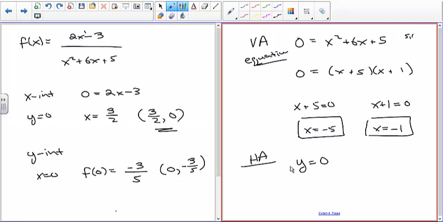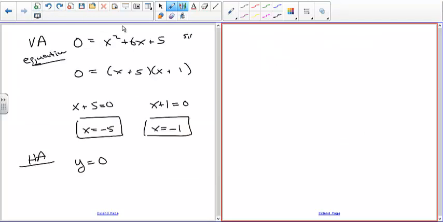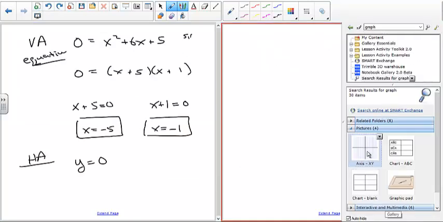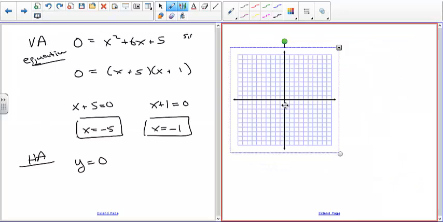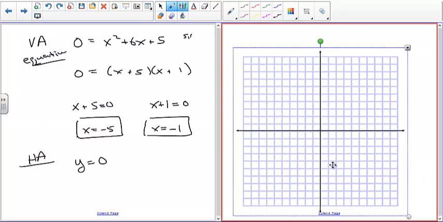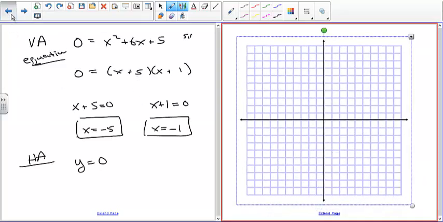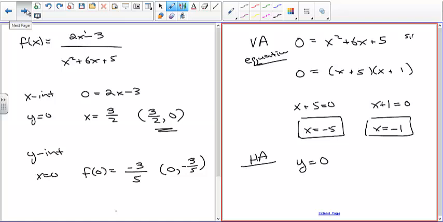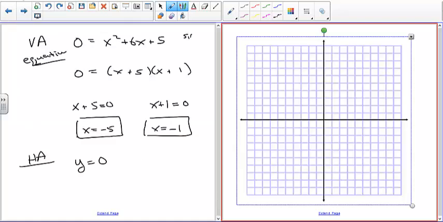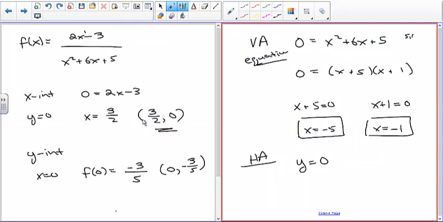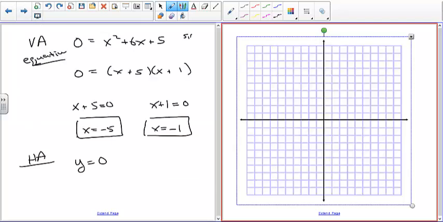So given that information, we should be able to plot it. Again, it's just giving you one more example of plotting stuff. So you've got the x-intercept, which is, what was the x-intercept? I already forgot. It's 3/2. So let's put some numbers here: -10, 10, 10, -10.